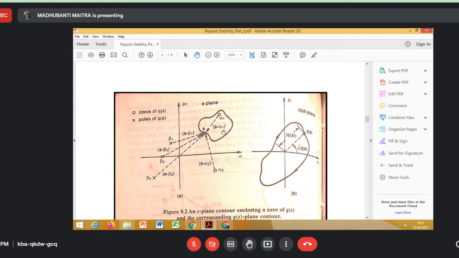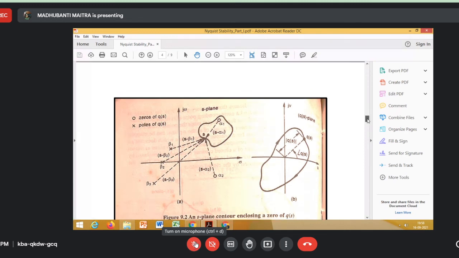The sign part I will consider later on, but the tip of the phasor will complete a circle, isn't it? Or in other words, though it's not a circle, the net change in angle of this phasor will be equal to 360 degree, as it's having a complete rotation, right?